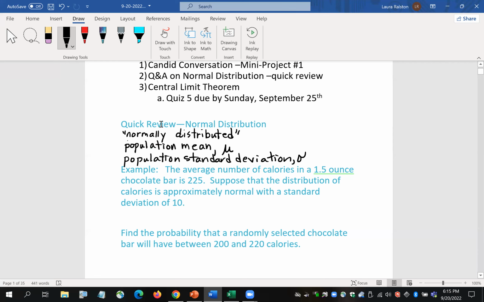You have to know those three things in order to work the problem. You have to know that it is normally distributed. You have to know the mean, and you have to know the standard deviation. Okay, so those three things are typically stated in the scenario.